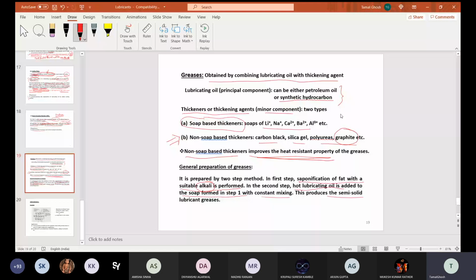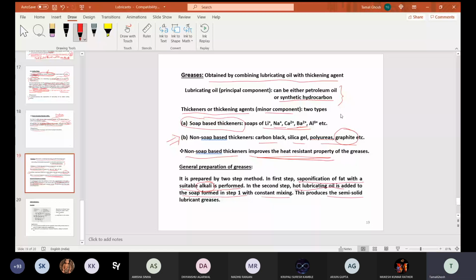Sodium, calcium, barium, this type of alkali may be used, but as we change the alkali, the soap will be different and the grease properties will also be different. This was the general preparation of grease.